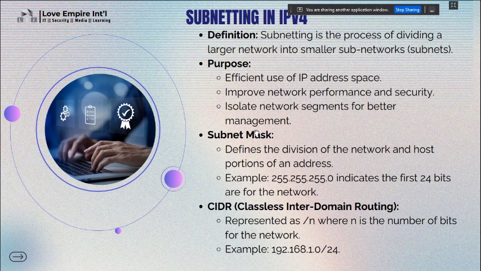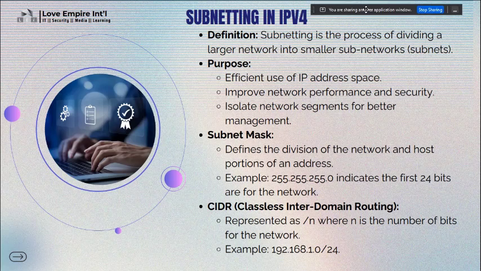So now let's look at subnetting. When we talk about subnet, it is just a short form for sub networks. That's like breaking down the network so that you can create more networks out of a particular network.